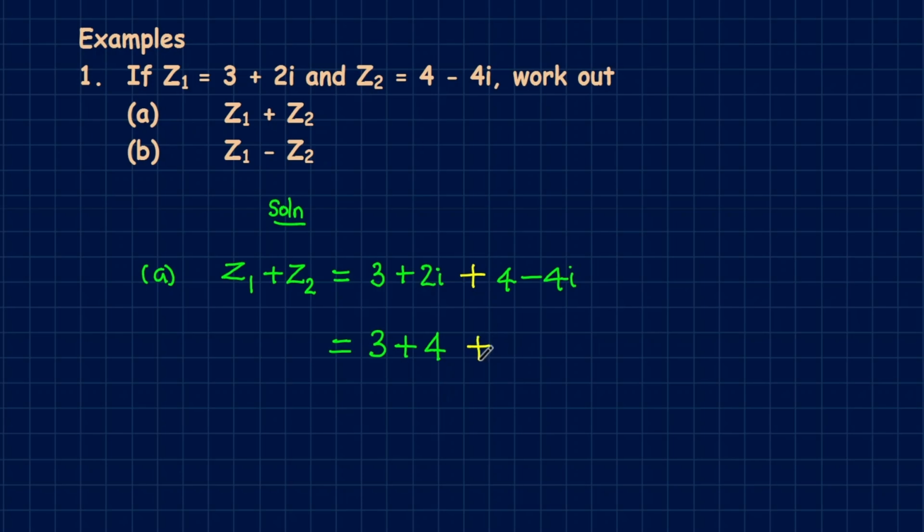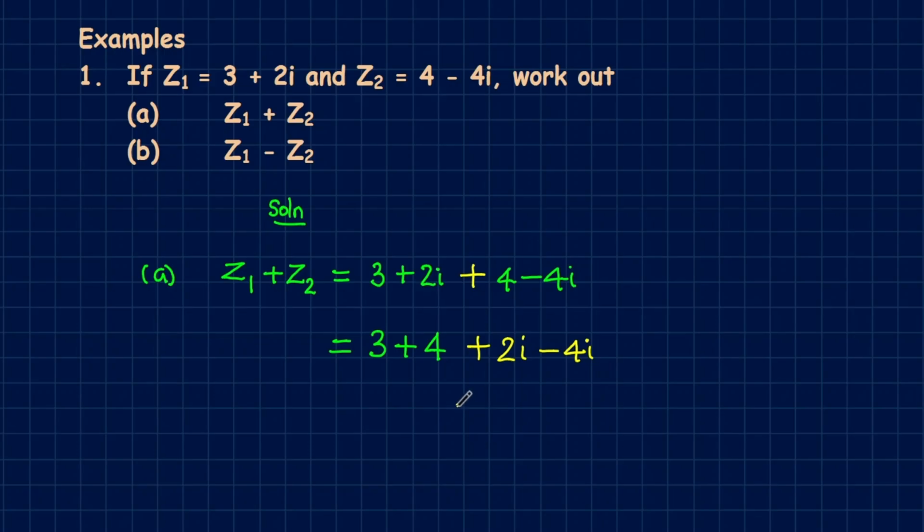Let's continue separating them with these two different colors. The imaginary part from this side is positive 2i, and the second one is negative 4i. If you want to see this clearly, you can create a bracket and factor out i. It is advisable to factor out i in this part.